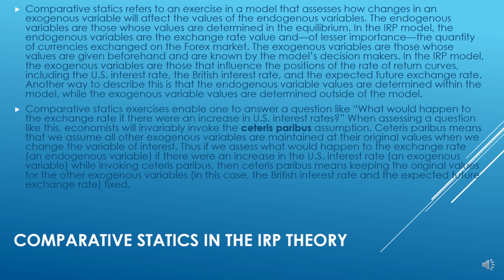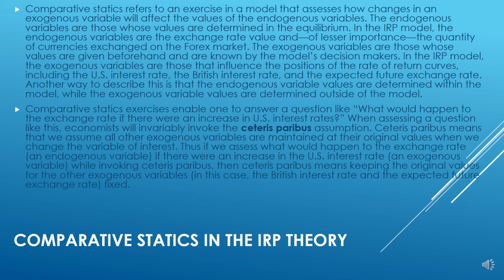The exogenous variables are those whose values are given beforehand and are known by the model's decision makers. In the IRP model, the exogenous variables are those that influence the positions of the rate of return curves, including the United States interest rate, the British interest rate, and the expected future exchange rate.